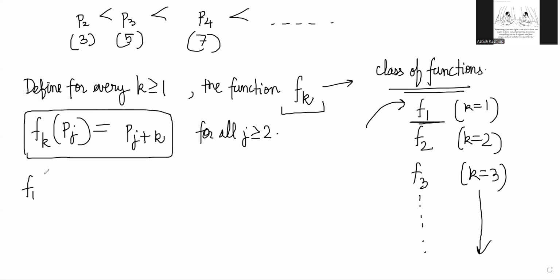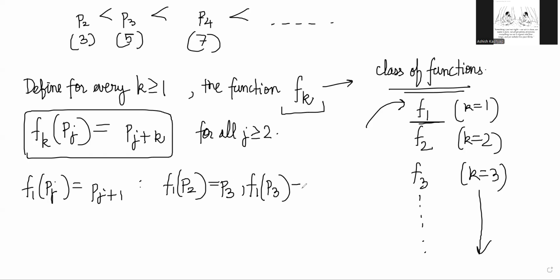So f of 1 of p of j is p of j plus 1. So what this means is that f of 1 of prime 2 should be prime 3. Similarly, f of 1 of prime 3 should be prime 4. f of 1 of prime 5 should be prime 6, right?